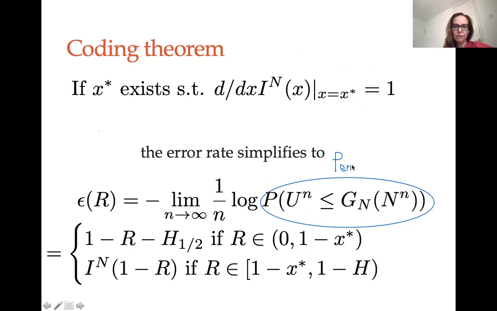So this probability of error here, okay, this is the error rate in terms of the rate, is going to have the following behavior. It's going to be in 1 minus r, as far as in this range, which is, this is below capacity, okay?